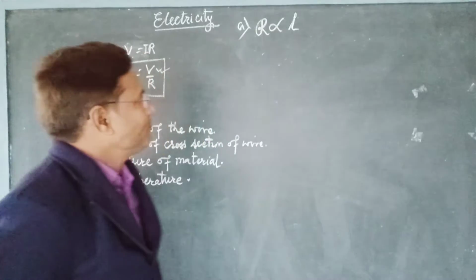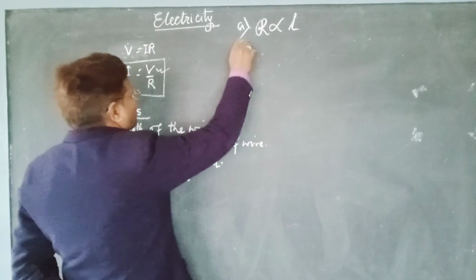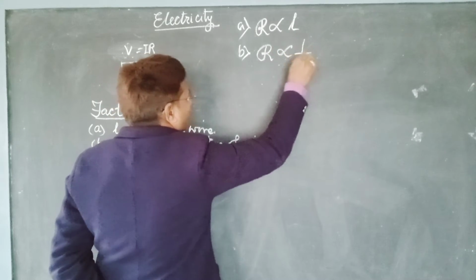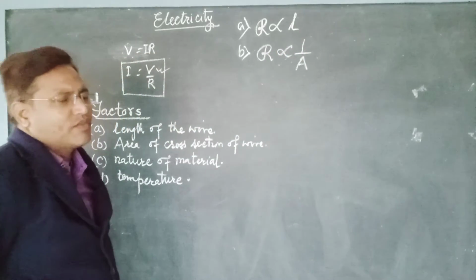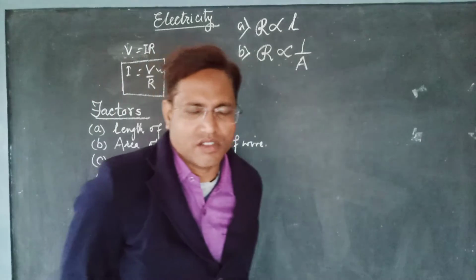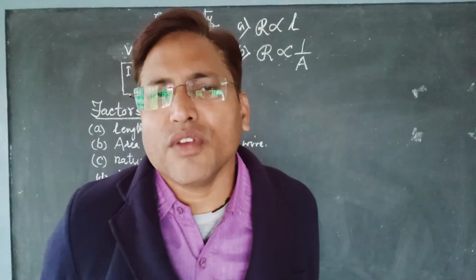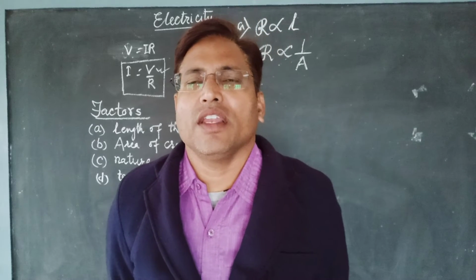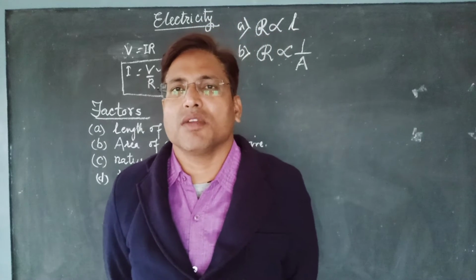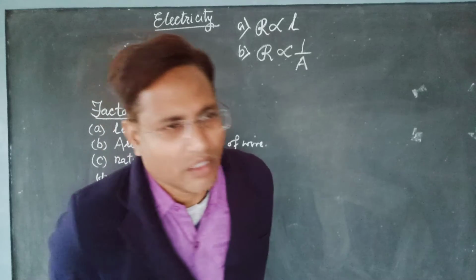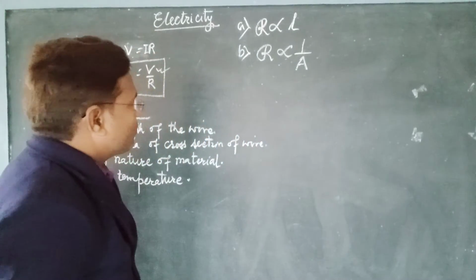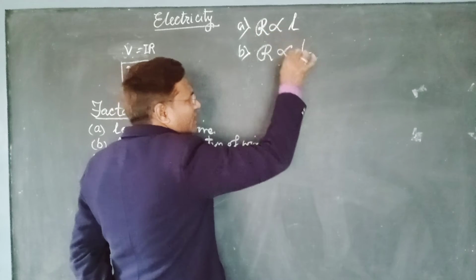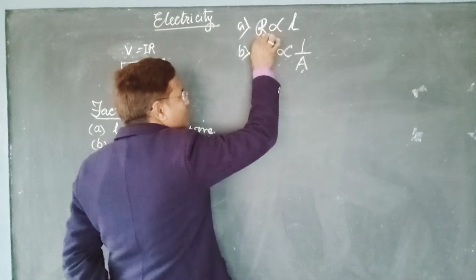Next one is area of cross section. R is inversely proportional to the area of cross section of the wire of the conductor, whatever it is. That means if the area is more, the resistance will be less. If the area is less, the resistance will be more.